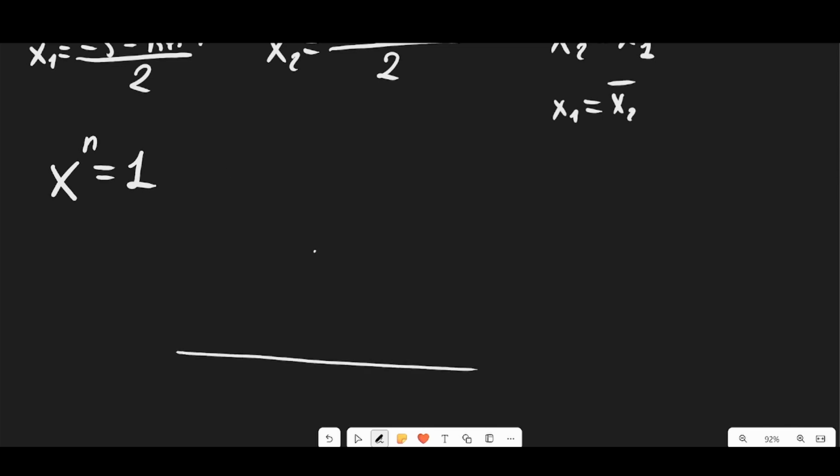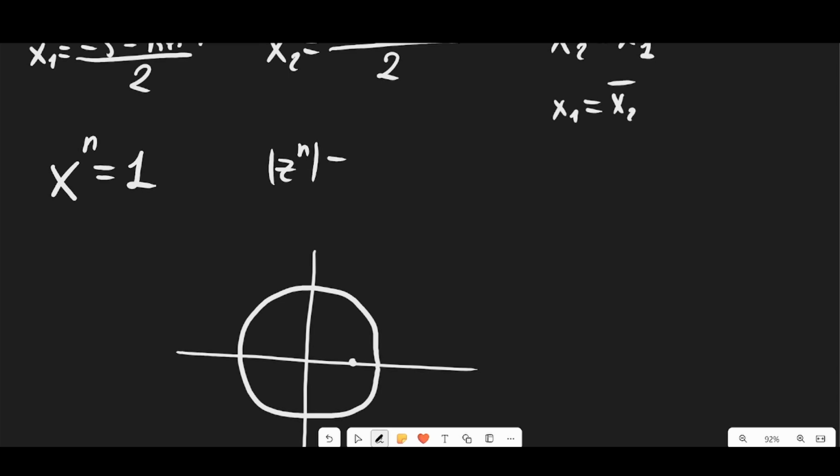So if we define the unit circle, because we know that the magnitude of z to the n equals 1, this means that the magnitude of z must be 1. So this complex number must be on the unit circle.